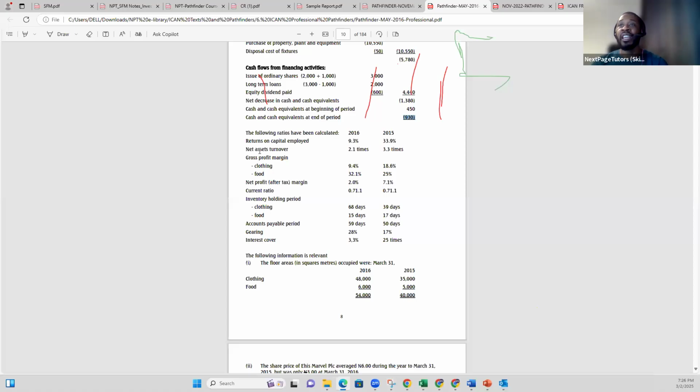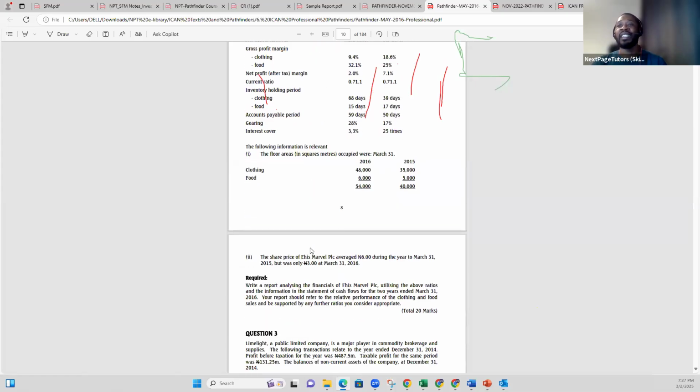Then they went further to give you ratios that have been calculated already for 2015 and 2016: return on capital employed, net asset turnover, gross profit margin for both clothing and food, net profit margin, current ratio, inventory holding period for both clothing and food, accounts payable period, gearing, interest cover. I've literally analyzed all this for you, and I hope you were listening.